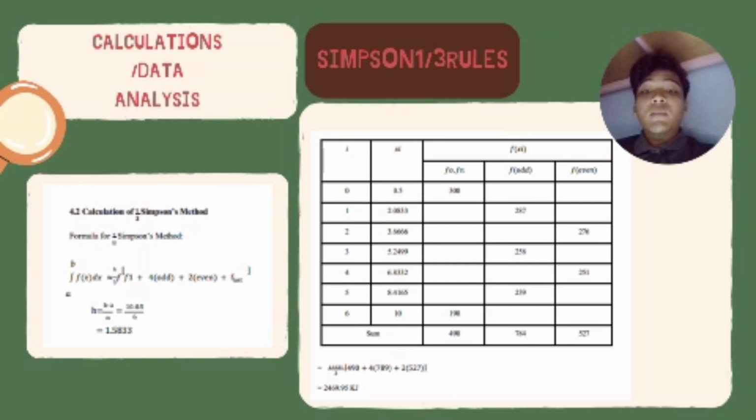After that, we multiply by h over 3, which is 1.5833 divided by 3 multiplied by 4,680, and we will get 2,469.95 kJ. The final result, 2,469.95 kJ, represents the approximate integral of the function fx over the range of x values using Simpson's rule.